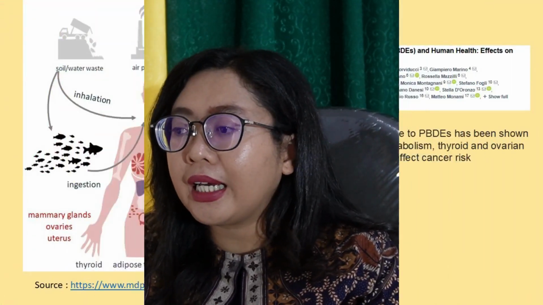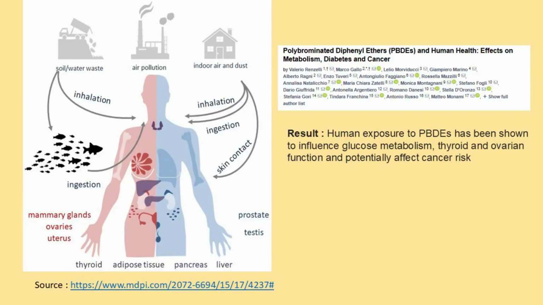If we look at the figure of polybrominated diphenyl ethers, we see that PBDEs may come from soil or waterways, from air pollution, from indoor air and dust.